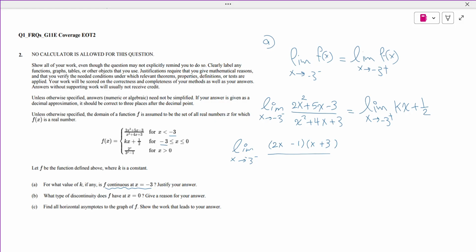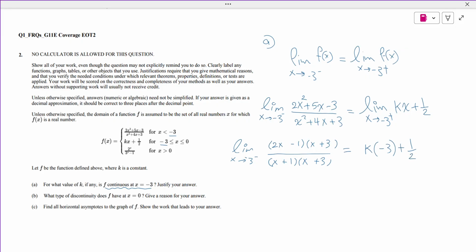And factoring the denominator, there are also two factors, x plus 3 and x plus 1. We get two numbers with a product of 3 and a sum of 4. So 3 and 1 equals, we can just substitute here k times minus 3 plus 1 over 2.